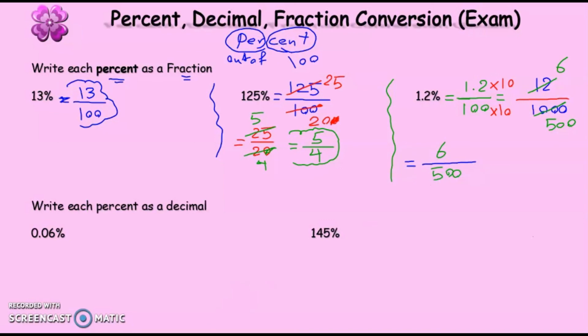No, because still you can reduce. 6 by 2 would be 3. 500 by 2 would be 250. So the result would be 3 over 250. Can I reduce? No. This is the form we were looking for. So therefore, so far the answer is 3 over 250.